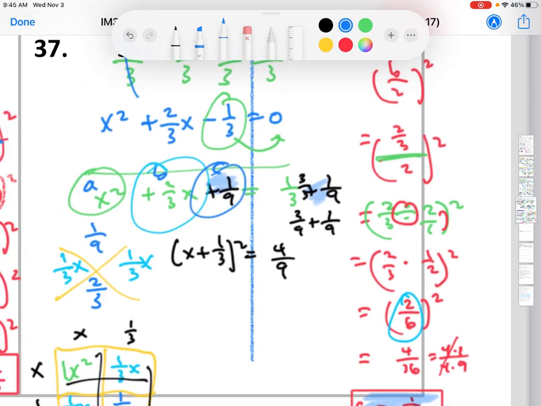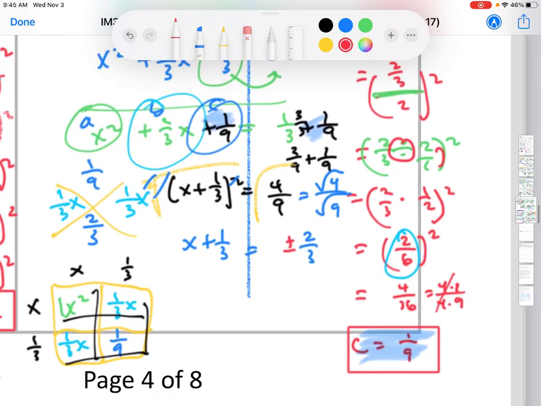Okay. So let's take the square root. Gone. X plus 1/3 equals square root of 4 over square root of 9, so that would be 2/3. And don't forget your plus or minus.